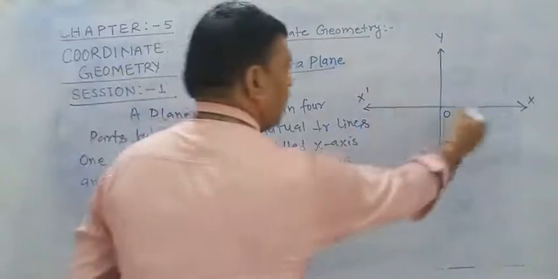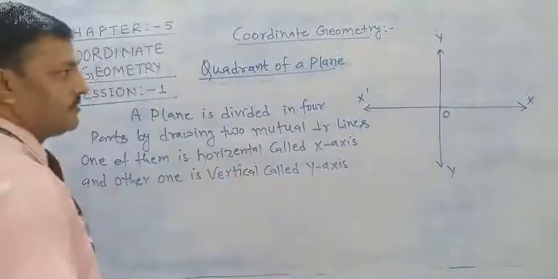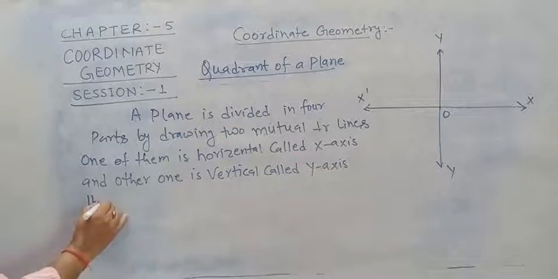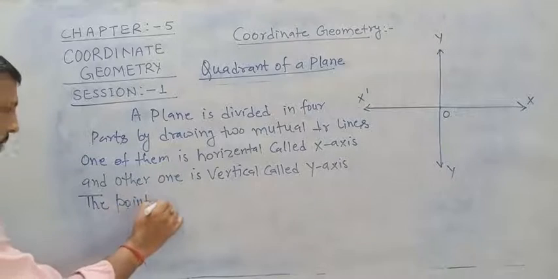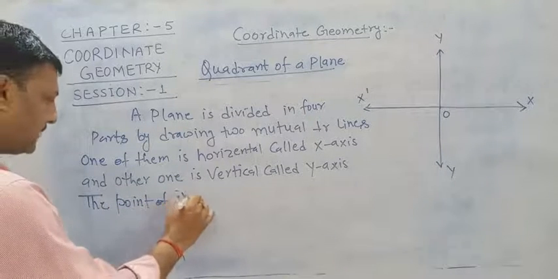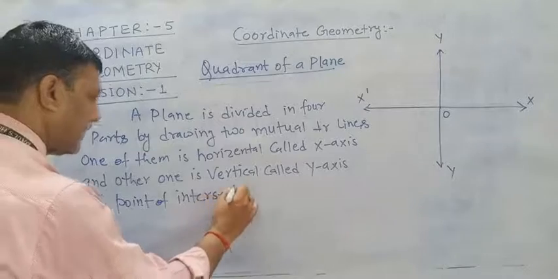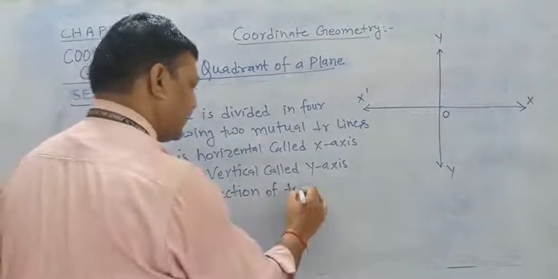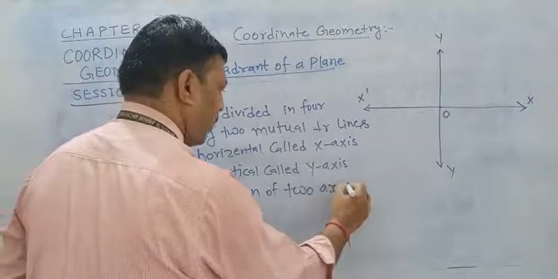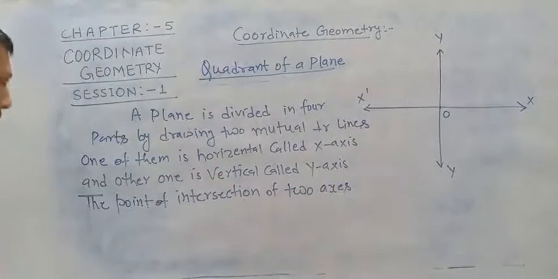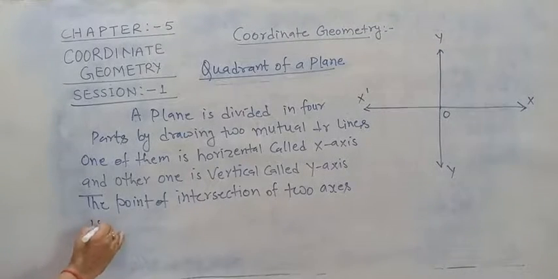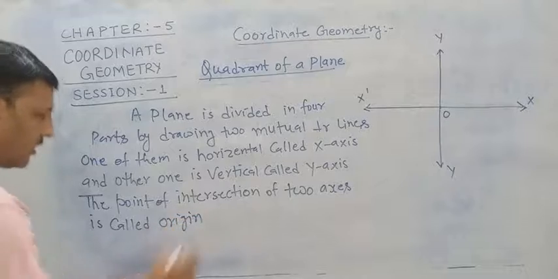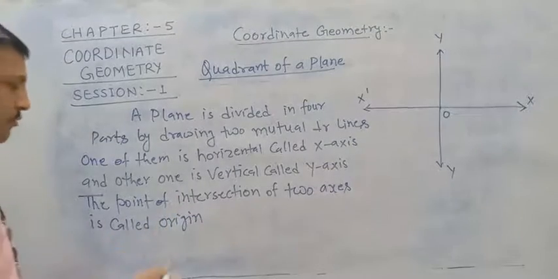So the horizontal line is called x-axis, the vertical line is called y-axis, and the point of intersection of these two axes is called origin. Origin means where we have to start.